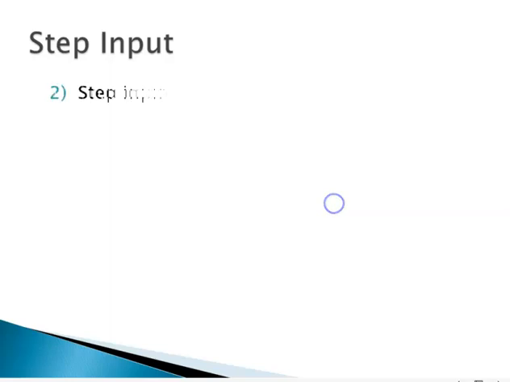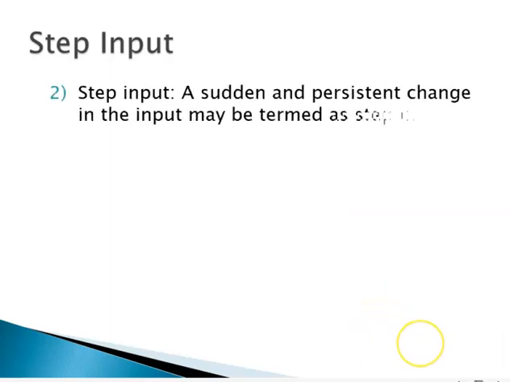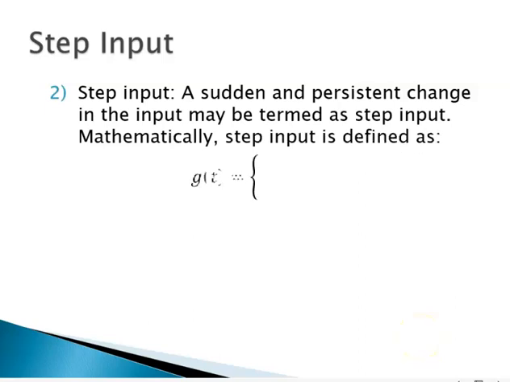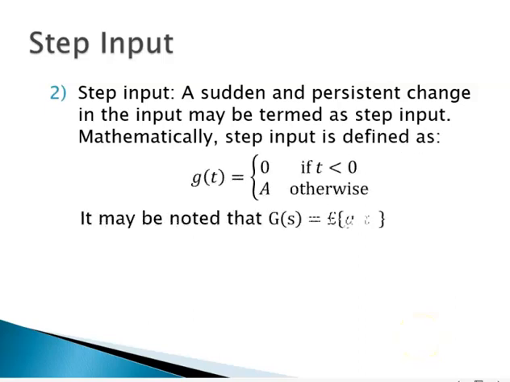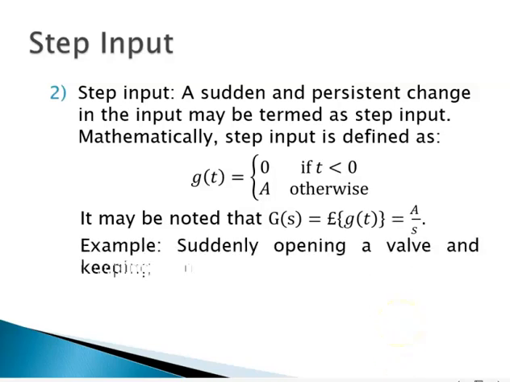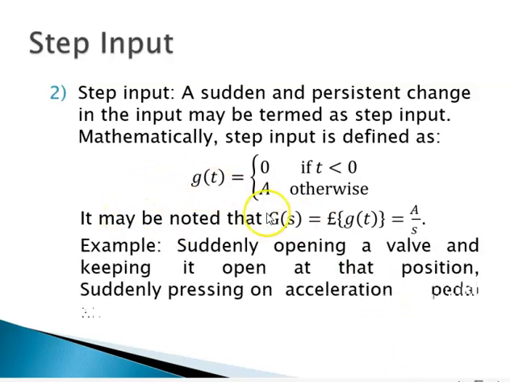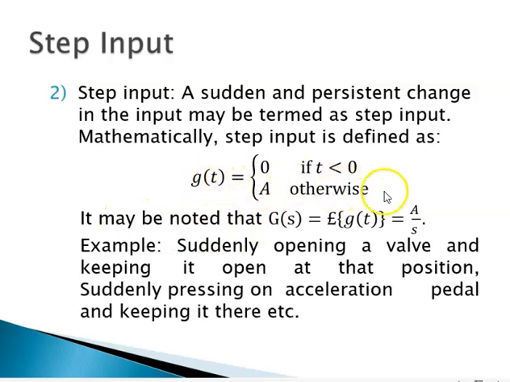A second input that we consider is a step input, a sudden and persistent change. That is, a change occurs and the change continues to remain at a point. That is what we call step input. And mathematically, we will represent step input as g(t) equal to 0 when time t is less than 0, A otherwise. This A is the magnitude of the step input. Later, we say that when A is equal to 1, it is unit step input. Examples of this step input include suddenly opening a valve and keeping it open at that position.